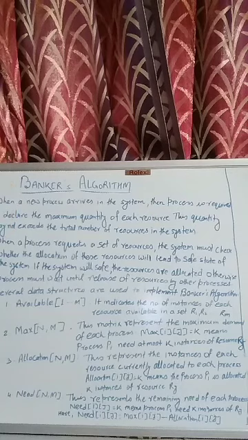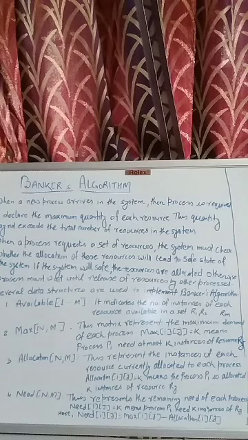When a process, after some time of its execution, requests a set of resources, the system must check whether the allocation of these resources will lead to a safe state of the system.